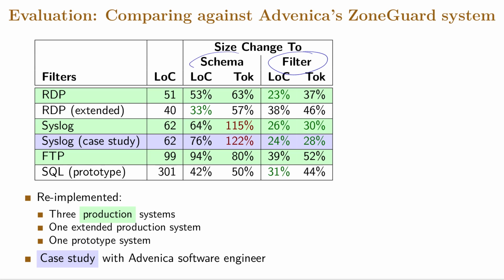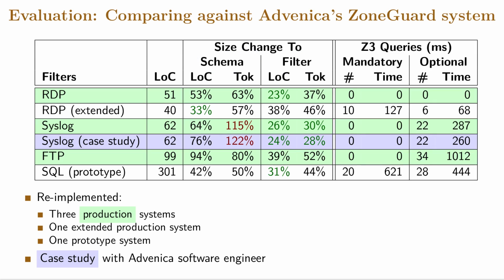Now, for the schema rules, which make up a smaller proportion, a third or less of the specification, we found one instance where we needed more tokens but fewer lines of code, but we don't consider this to be problematic. Our checks run relatively quickly too, so the user can get feedback in a second or less, even for the more complicated kinds of filters running through the SMT checker.